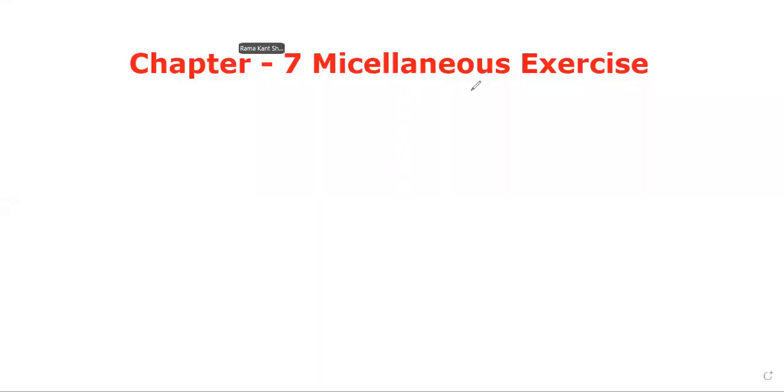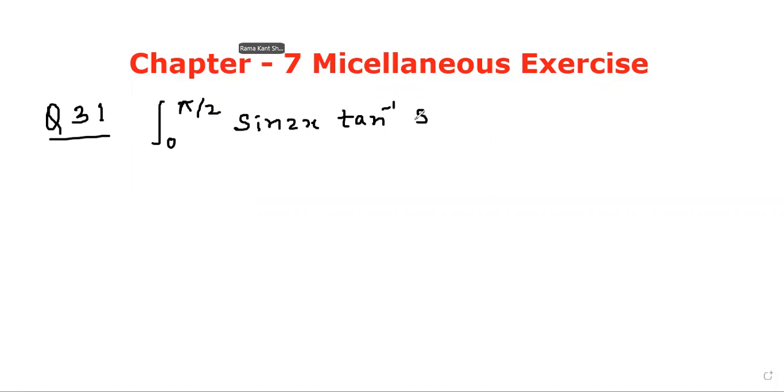Chapter 7, Miscellaneous Exercise. Question number 31. Question says, integration 0 to pi by 2 sine 2x tan inverse sine x dx.